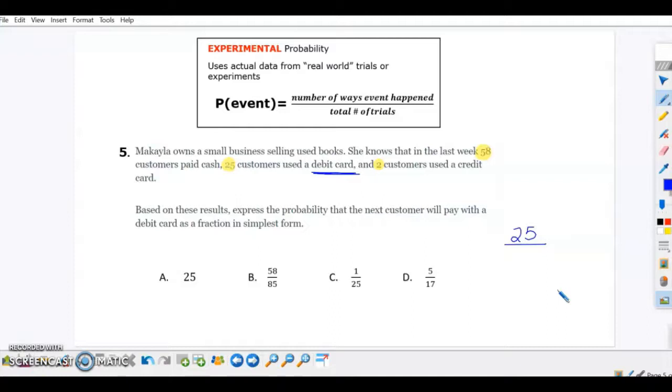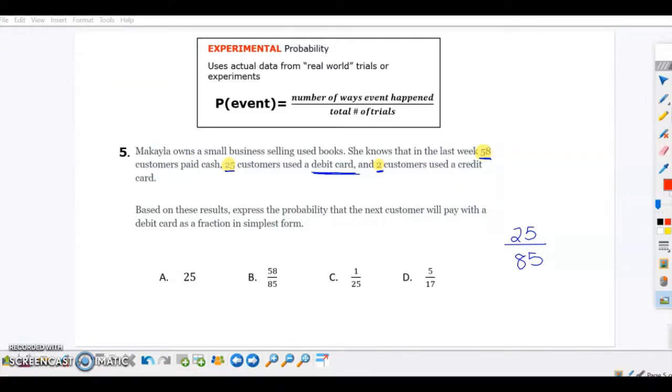How can we find the total number of people? For that, we would need to add 58 plus 25 plus 2, and that would give me 85. All right, so 25 out of the 85 total paid with a debit card. So then what is the probability?